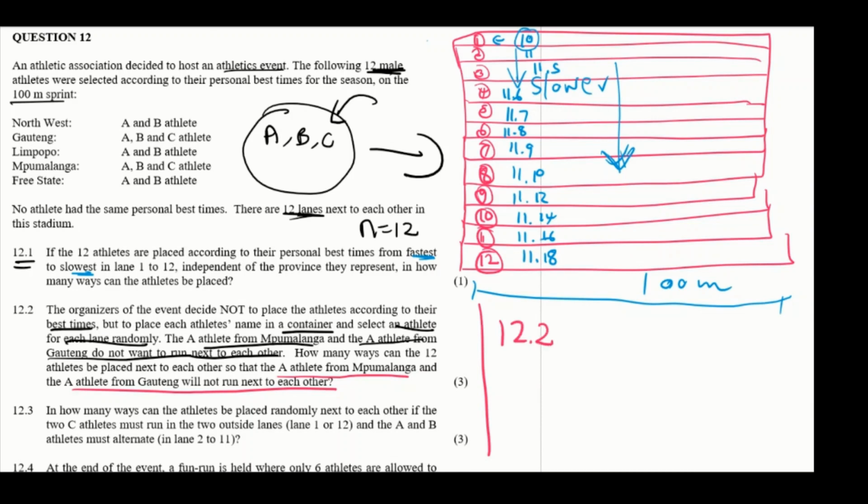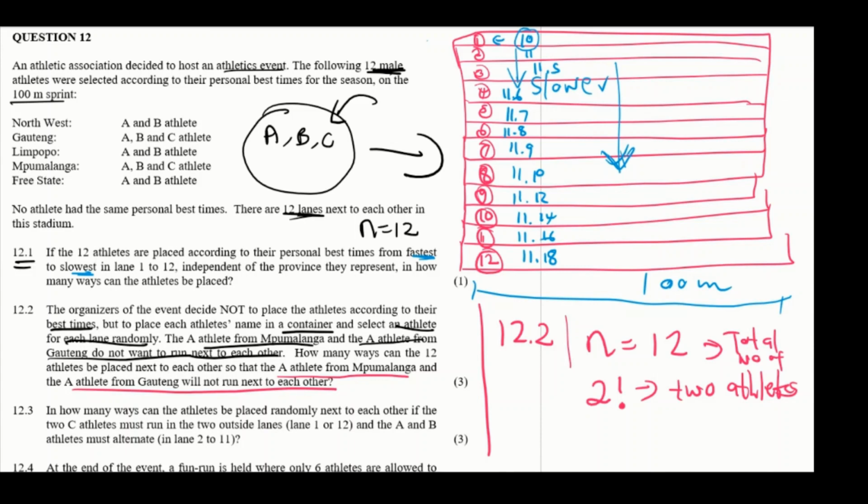But we know that there's how many athletes? N is equal to 12. That is the number of athletes, right? And there's 2 athletes that will not run next to each other. So this represents 2 athletes. This represents the total number of athletes, right?